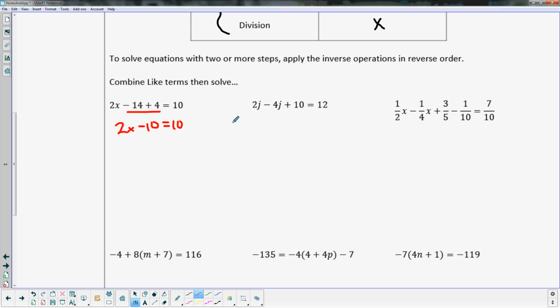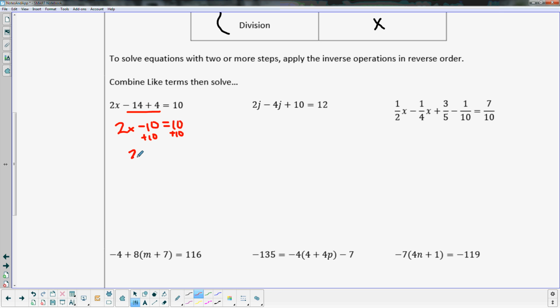So what have we done there? We have combined like terms, and it gave us a two-step equation. There's two things that are happening to x. It's being multiplied by 2 and then subtracted by 10. And that's going to be my goal on every one of these. To solve this, I'll go ahead and add 10 to both sides.